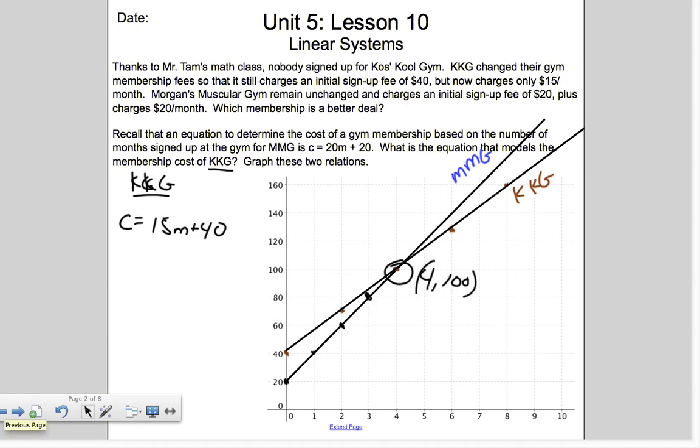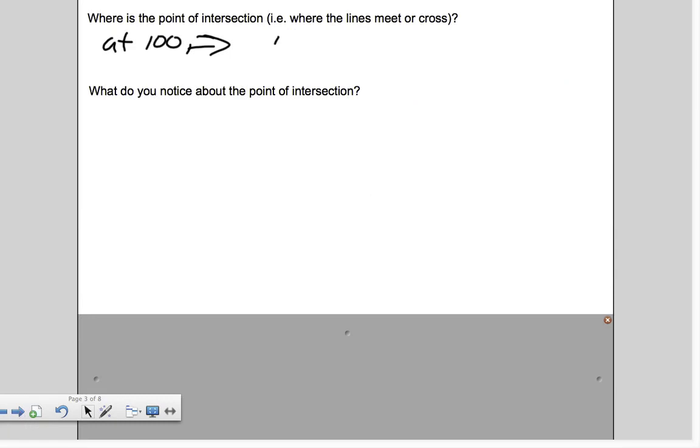Right? That's where it's actually intersecting. I hope you drew it like this. It intersects at 4, 100. That's where it's crossing. So really it's at 4, 100. So that's the coordinates that it intersects at.